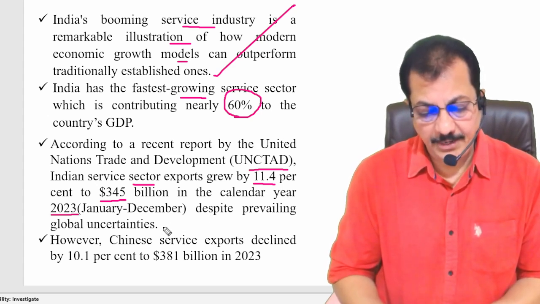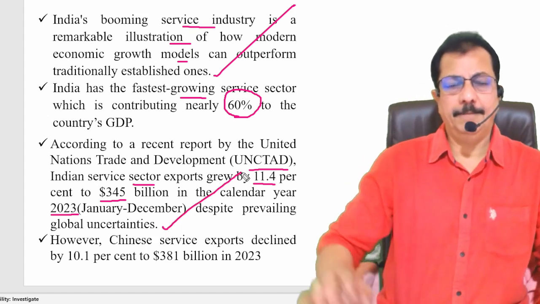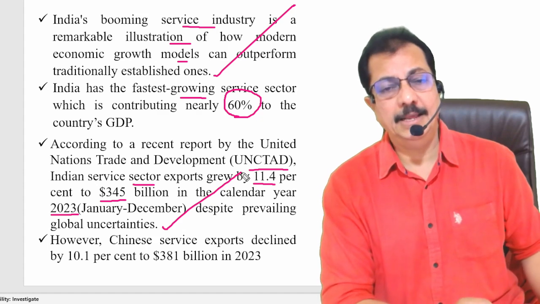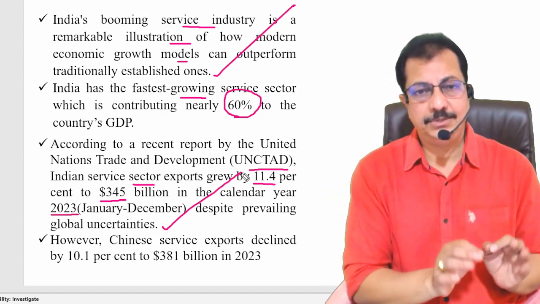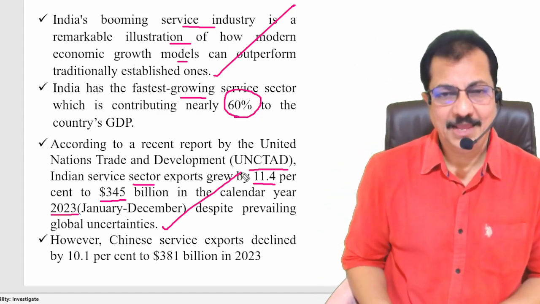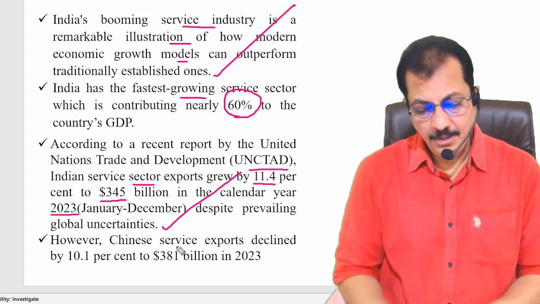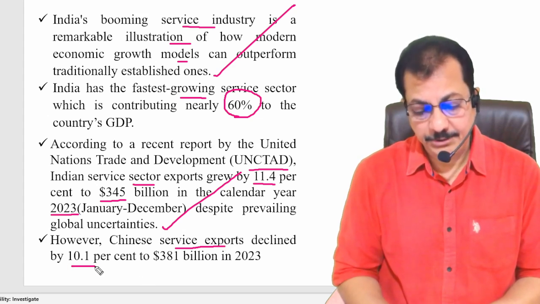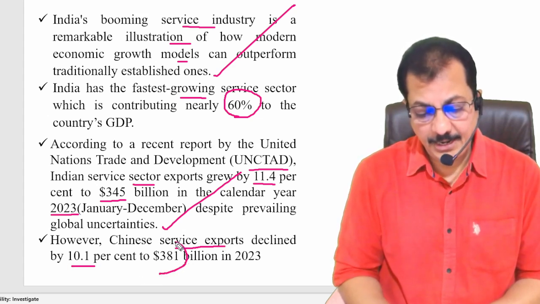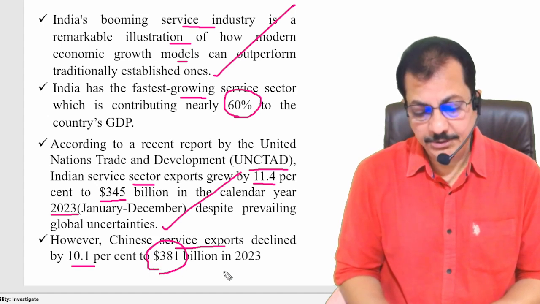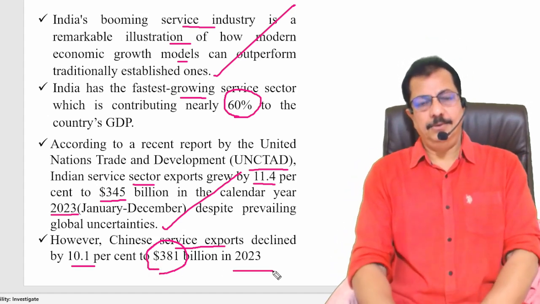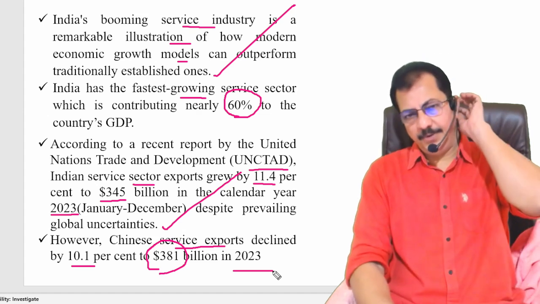Despite prevailing global uncertainties, meaning a large number of countries are facing uncertainties, India did its best and it has increased exponentially. However, Chinese service exports declined by 10.1% to $381 billion in the year 2023. Kindly remember, you have to understand the difference between India and China.